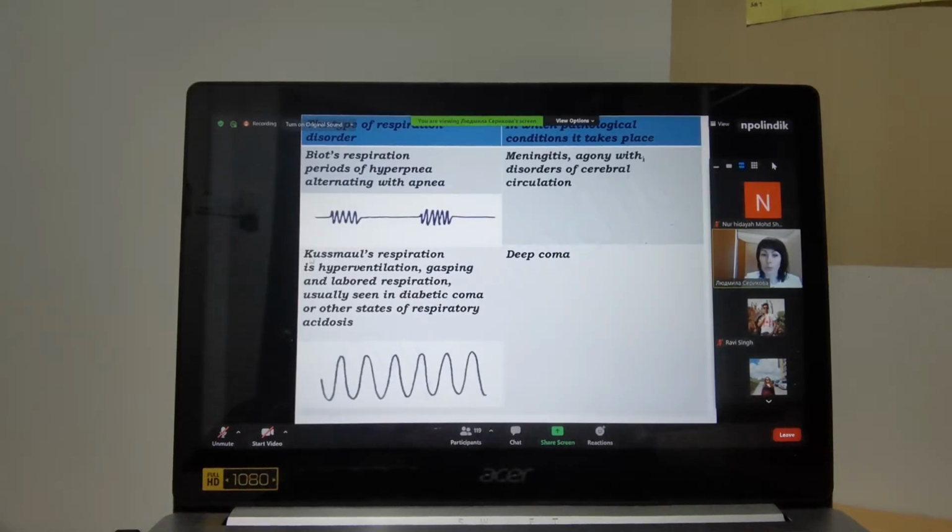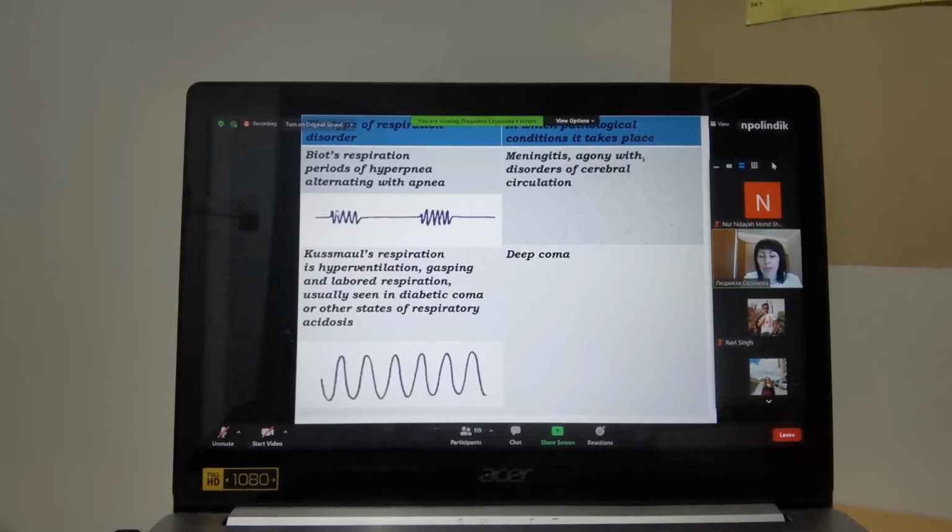Biot respiration, you can see here in the spirogram. Biot respiration is usually deep, regular, with respirations the same in depth. Here it is written hyperpnea, so it is deep respiration, which alternates with periods of apnea.